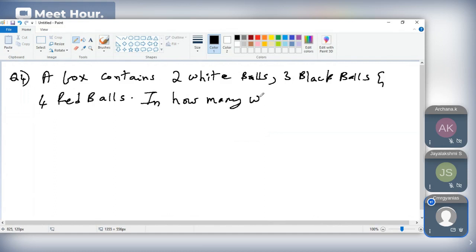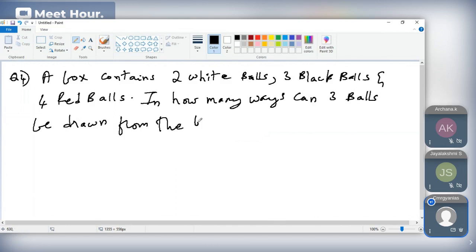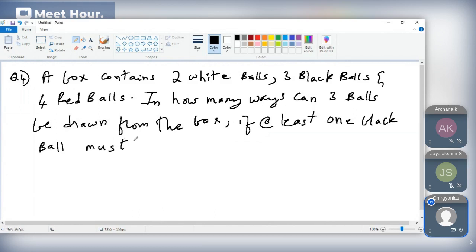In how many ways can three balls be drawn from the box if at least one black ball must be included?